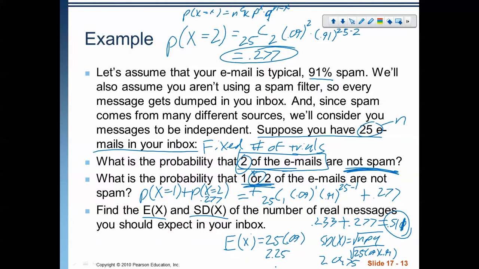And that's going to have a standard deviation of 2.0475, which if we can assume a normal model, and we're going to bring up the normal model again in a couple days, that means that I can expect 68% of the time I check my email to get anywhere between 0 and 4 emails being the actual real emails when I have 25 mails in my inbox.